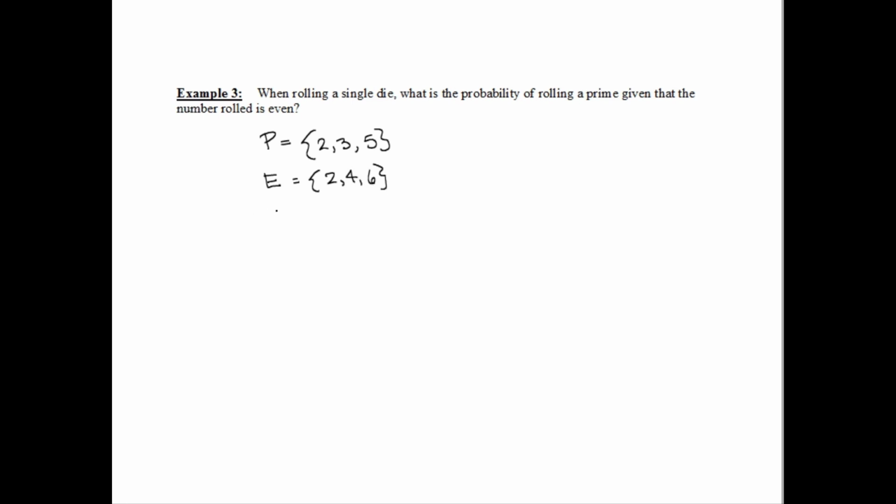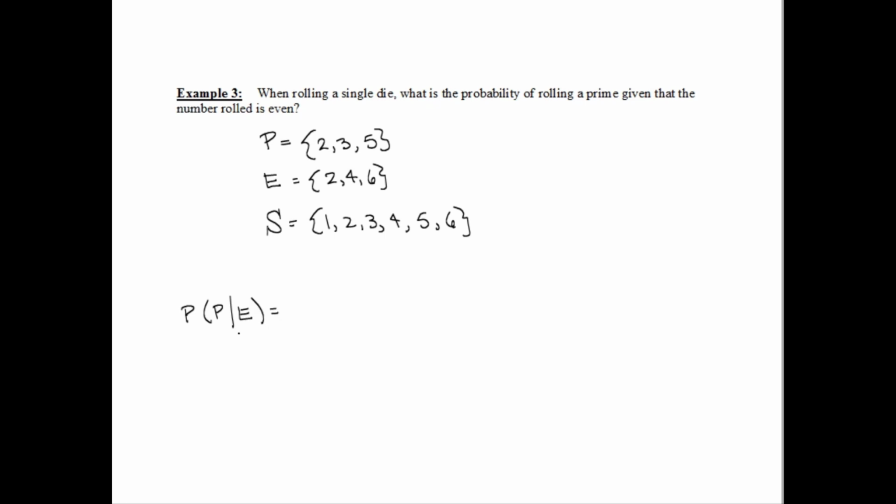And of course our sample space is going to be the 6 numbers that we can get upon rolling a single fair die: 1, 2, 3, 4, 5, 6. We need to find the probability of prime given that the number is even. So that'll be P given E.